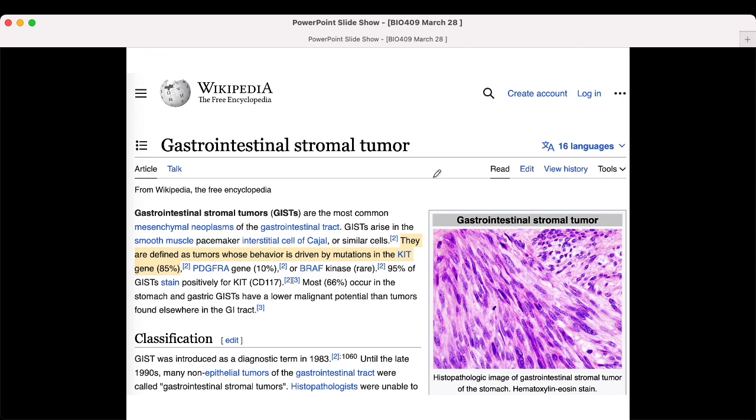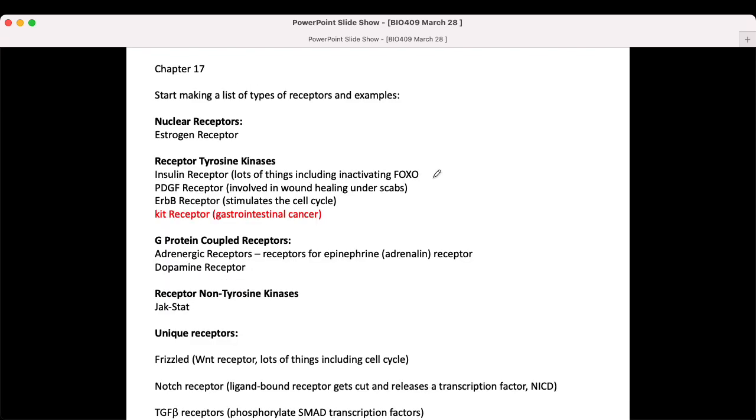They're defined as tumors whose behavior is driven by mutations in KIT, 85% of the time. Later it says 95% of GISTs stain positively for KIT. So now they're starting to add some molecular information to this prognosis. Let's add some of this detail. And so what is KIT?